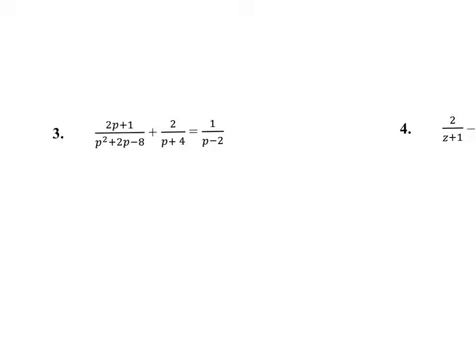Okay, on number 3, we should probably factor first so we can tell what the LCD is. 2p plus 1 over p plus 4 times p minus 2.